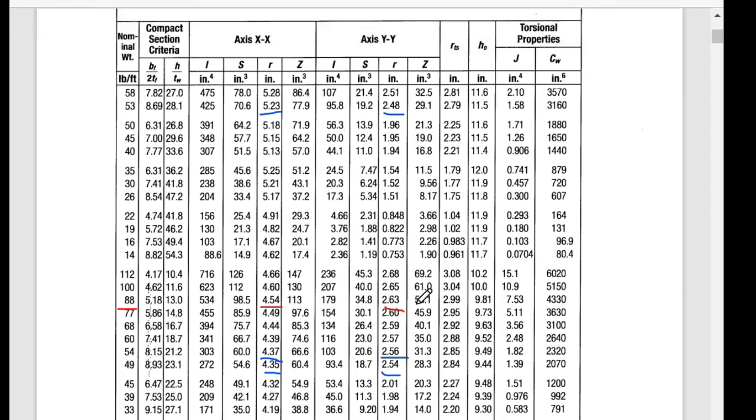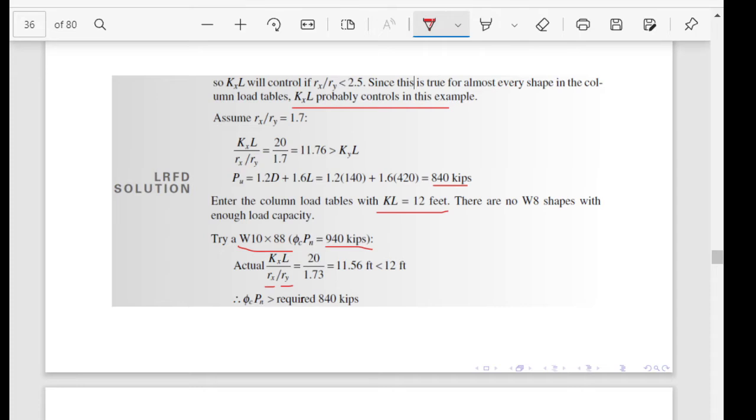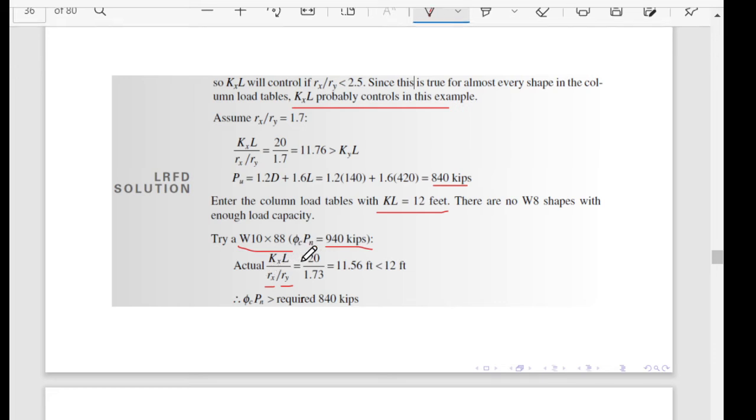So, ang ratio ana is 1.726, no? 1.73. This one. 1.73. The actual KXL, no?